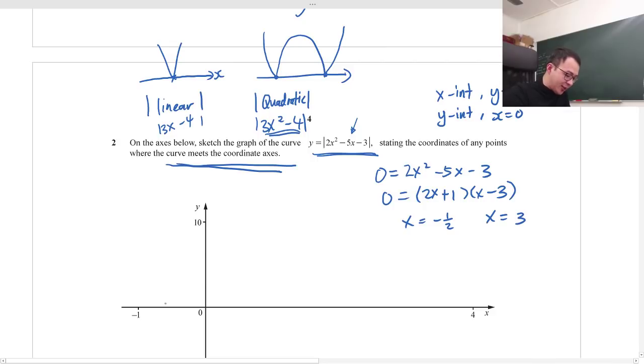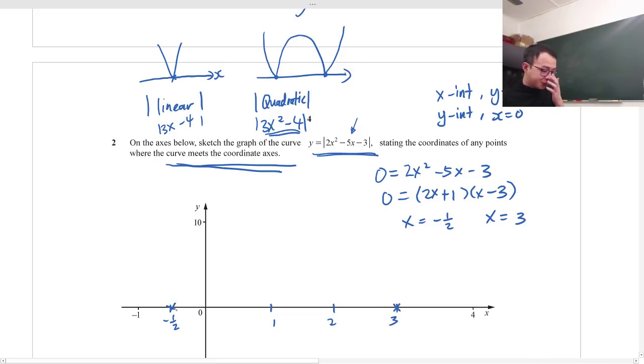So that means I should have negative half somewhere here, and 3 somewhere here. So I just draw nicely 1, 2, 3, 4. Okay, 1 I just slightly further a bit. 1, 2, 3, 4. So 3 will be somewhere here.